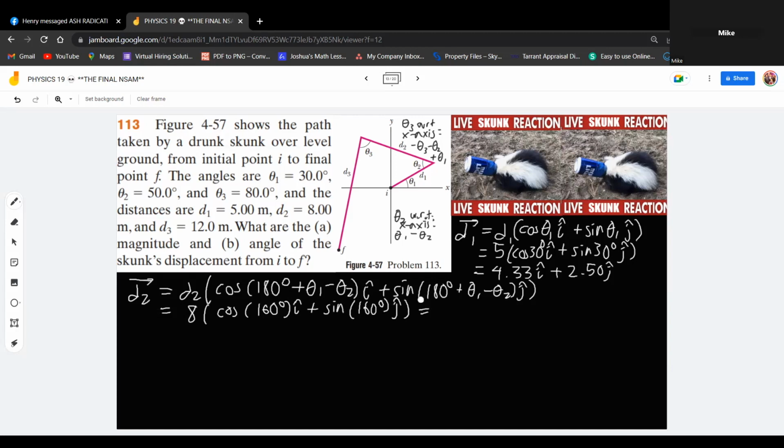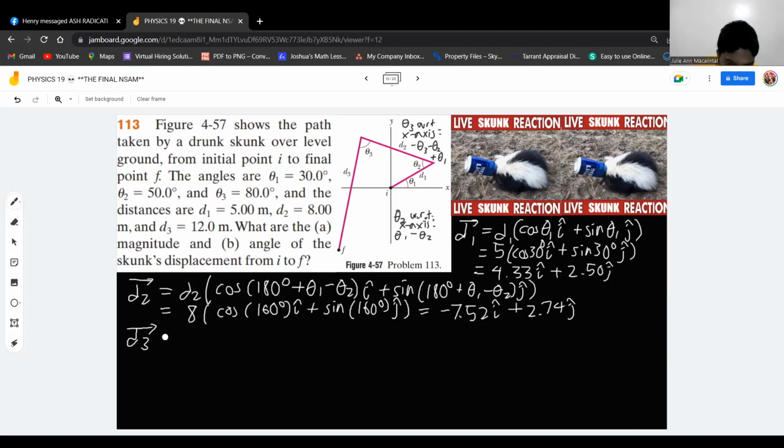So theta 2 is 160. Oh no, less than 1 minute. Must finish.